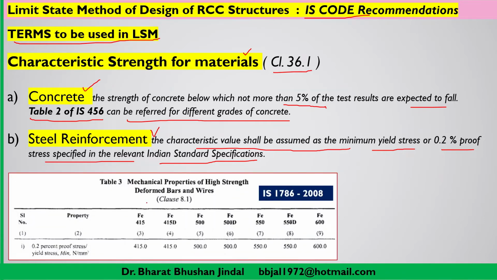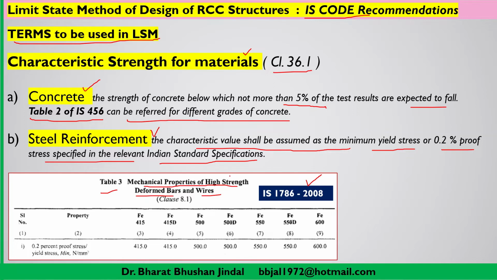Now let us go through table number 3, and this code is IS 1786, 2008 version. Table 3 gives us information regarding the mechanical properties of high strength deformed bars and wires, which we are going to use in the design of RCC structures.